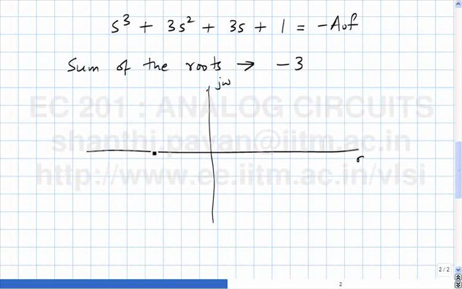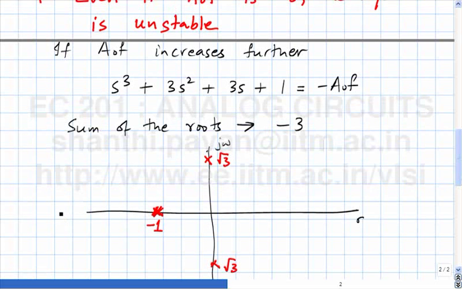We have 3 roots. As you go on increasing A naught F, what happens? For A naught F equal to 8, what did we see? Plus minus j root 3, and we saw another root at minus 3.